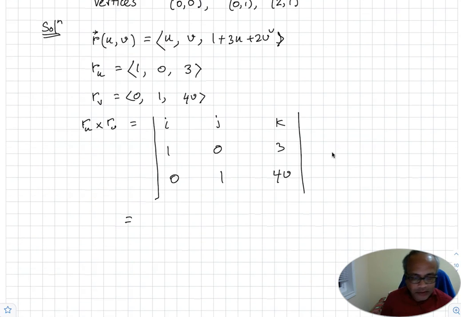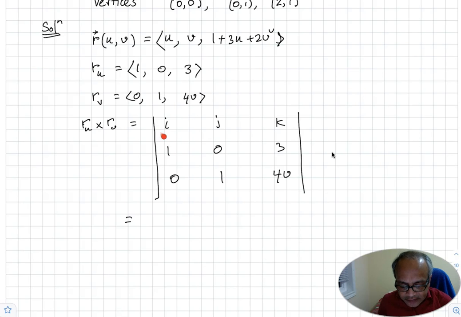Now the cross product: looking at the first unit vector i, we evaluate this cofactor. Then looking at j, we evaluate the cofactor with 1, 3, 0, 4v. Looking at k, we evaluate this cofactor.